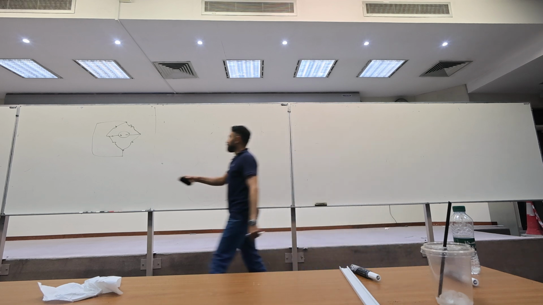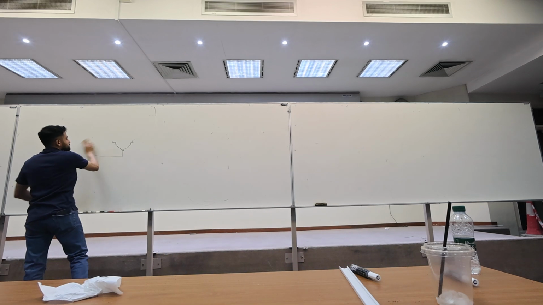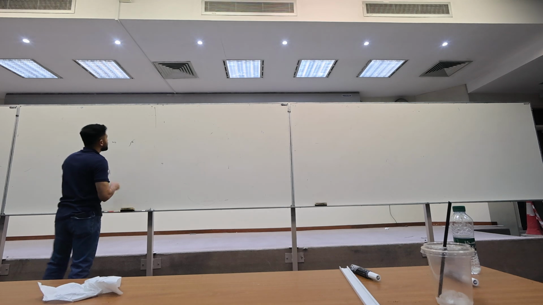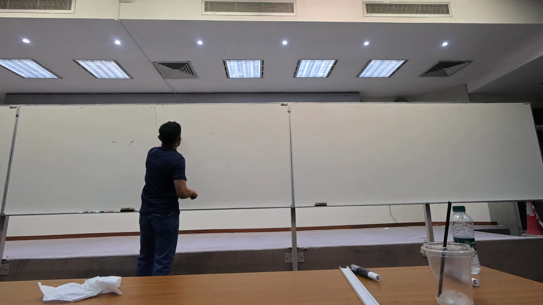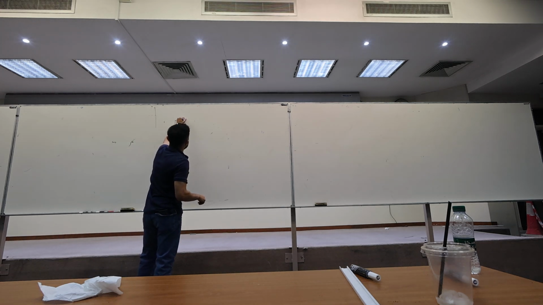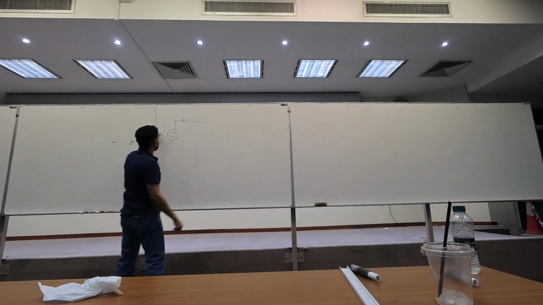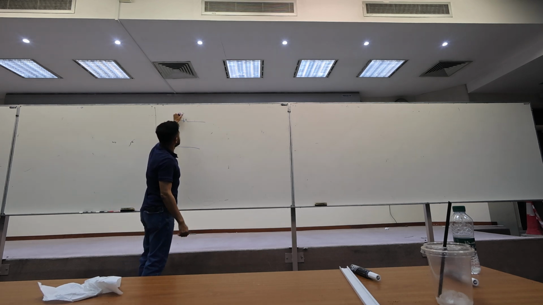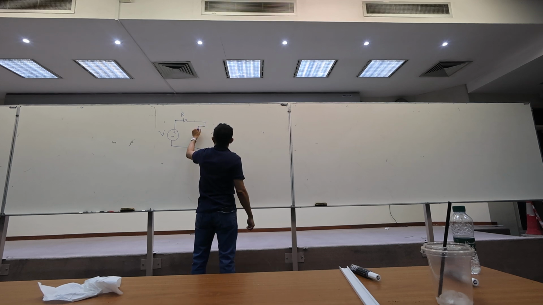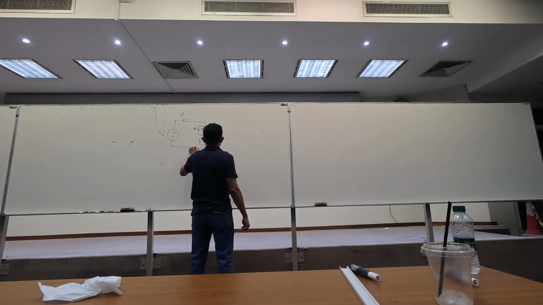Let's start with the voltage divider and the current divider. If I tell you there is a battery of voltage V, resistor R, and then here we have 3 resistors, R, R, R, and then here you have 2 resistors, okay?